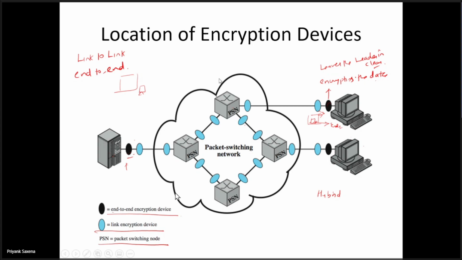For link-to-link encryption, to some extent it is okay. But when we are talking about end-to-end encryption, and that too in a network like a wide area network, manual delivery is not possible, because the two end users may be far apart.